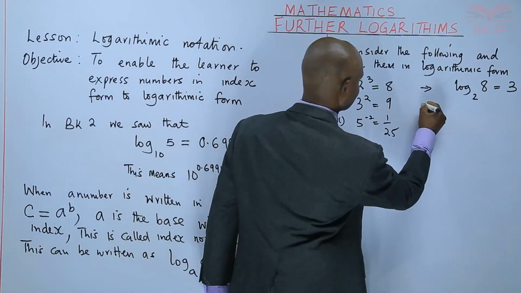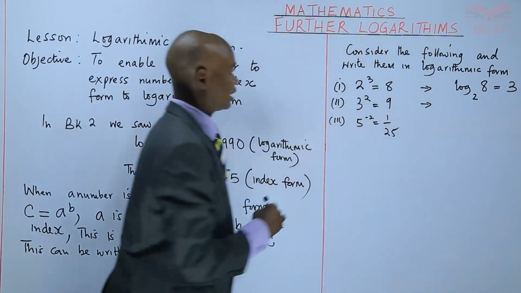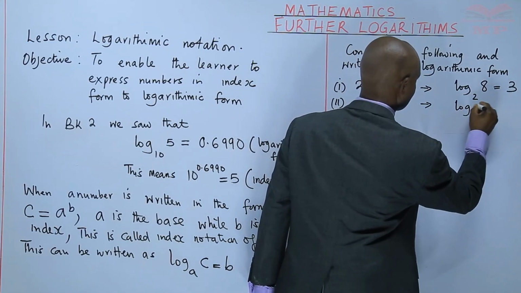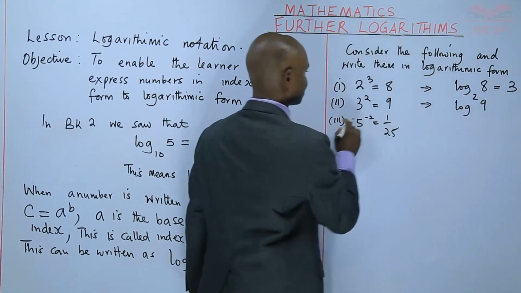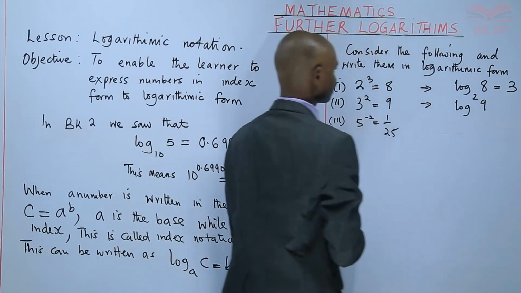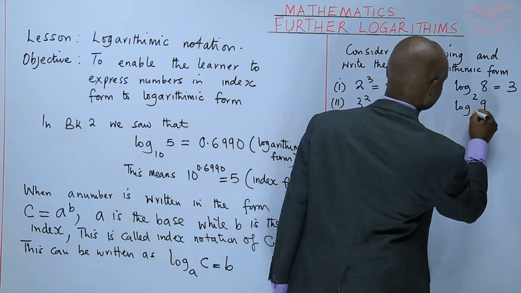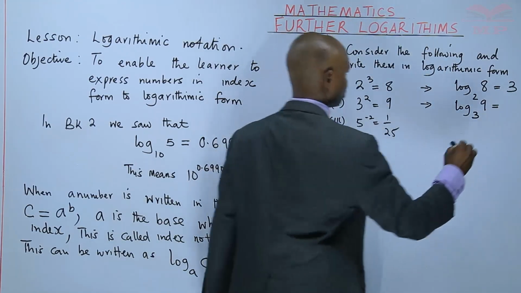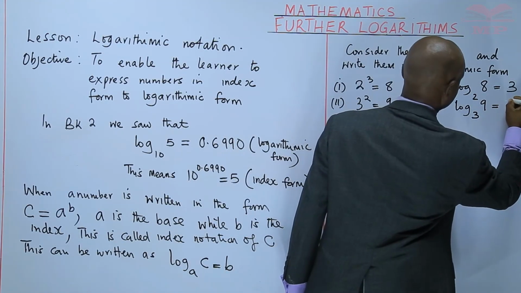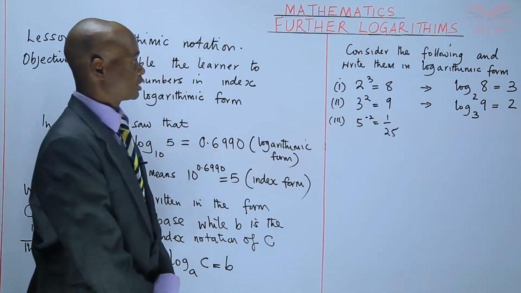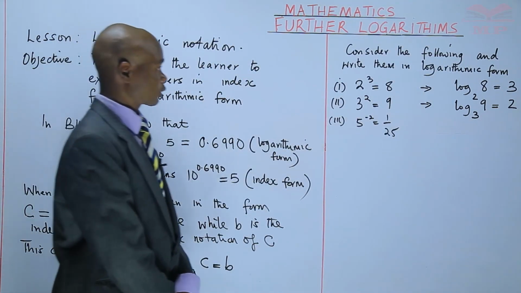Similarly, in the second one, learner, you'll say log of 9 to the base 3 is equal to 2.